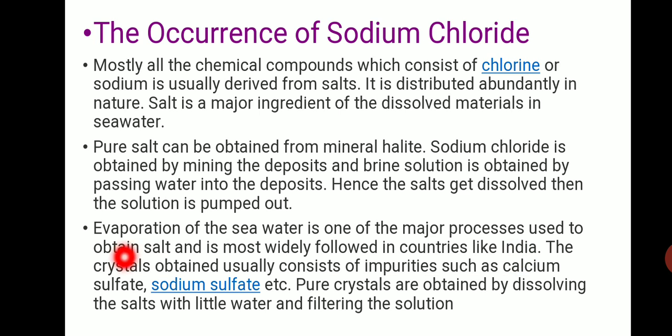The crystals obtained usually consist of impurities such as calcium sulfate, sodium sulfate, etc. That's why its color is light brown. Pure crystals are obtained by dissolving salts in a little water and filtering the solution.